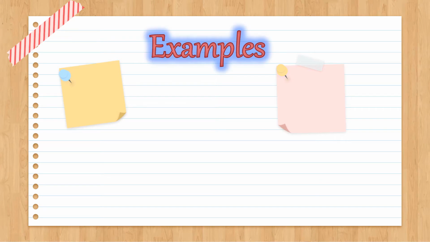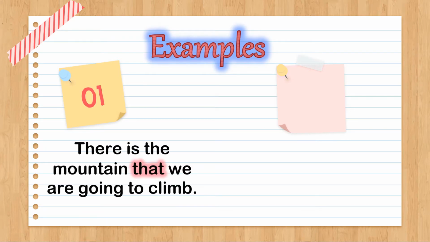So, examples. The first one: there is the mountain that we are going to climb. If you notice here, you have an independent sentence and a dependent sentence. In this case, the antecedent is mountain.